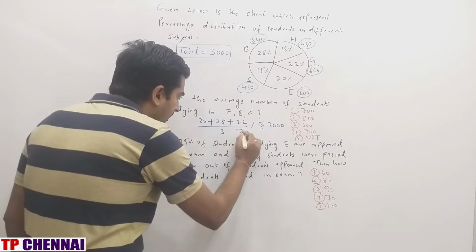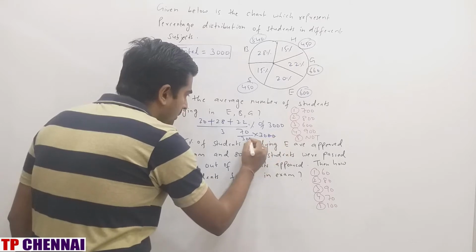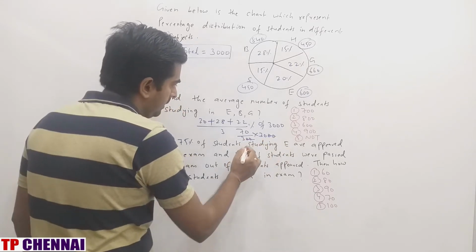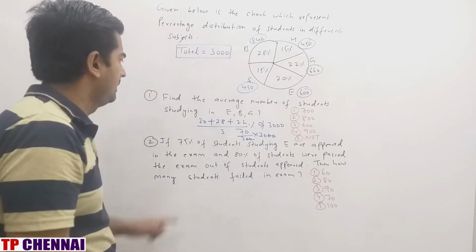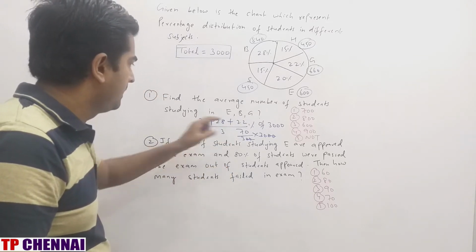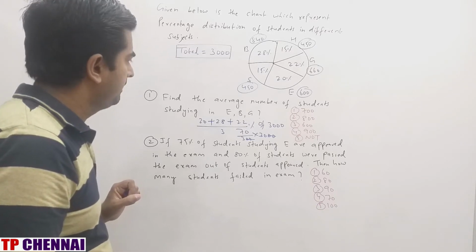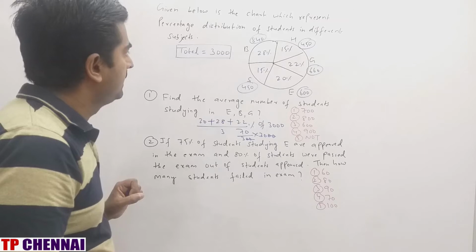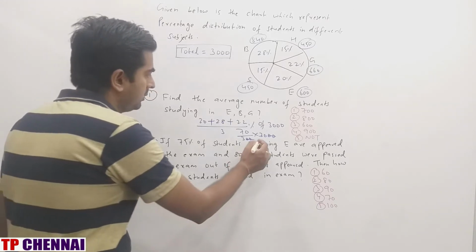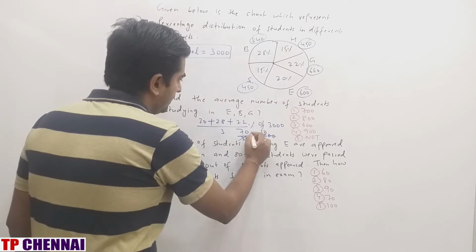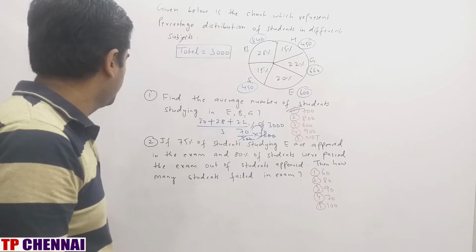So 70 by 300 into 3000, the zeros will go. So my answer is 70 into 10. First option, 700.